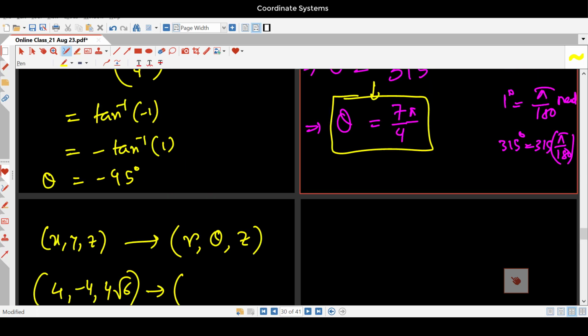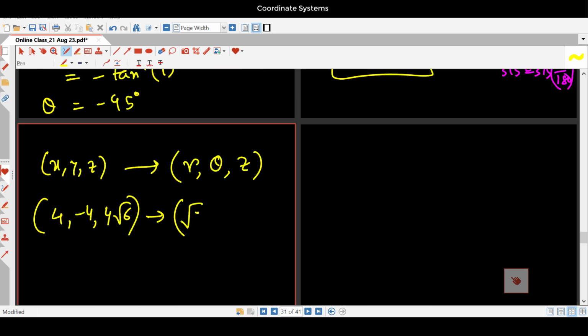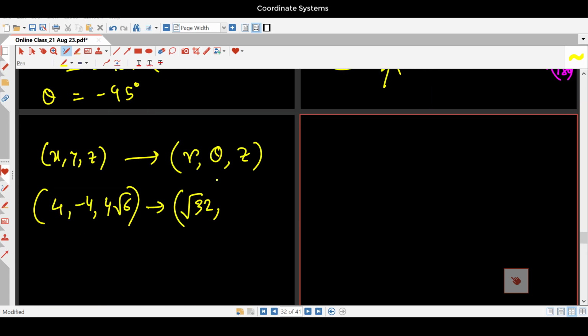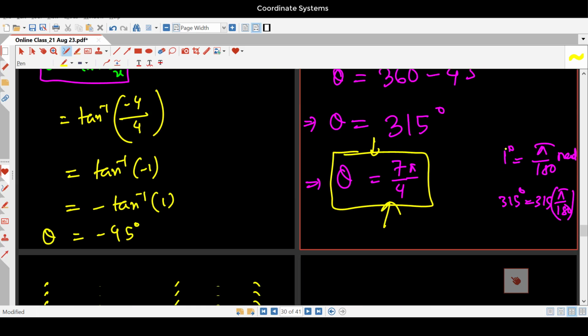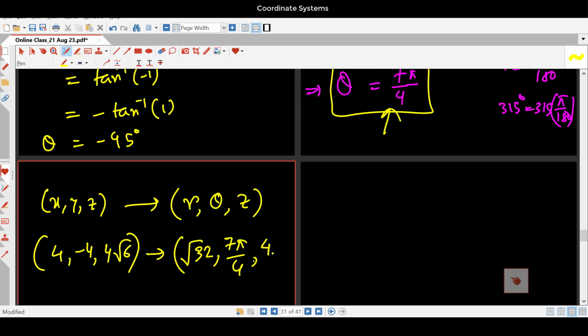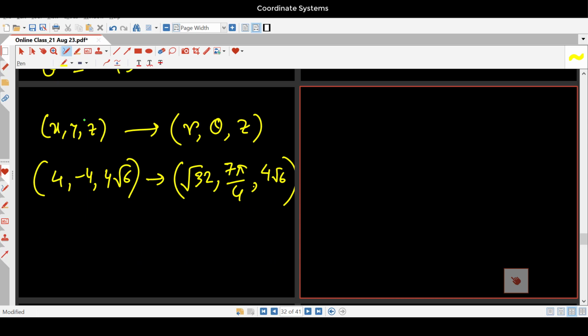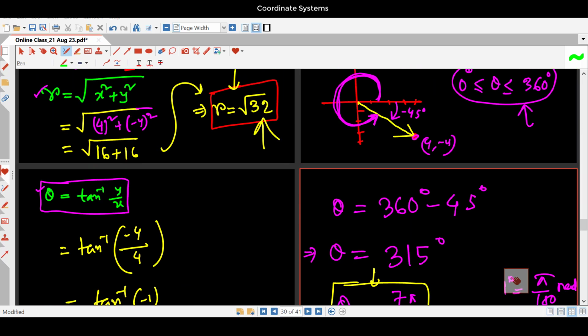That has been converted to r, that is root 32, theta is 7 pi over 4, and z is the same thing, 4 root 6. So this is how we can convert any point in the rectangular or Cartesian coordinate system to the cylindrical coordinate system. So one part is done.